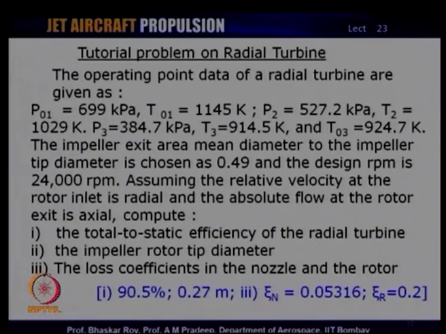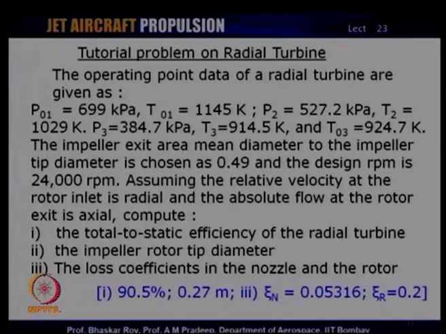The T03 value correspondingly is prescribed as 924.7 K. It is given that the ratio of the impeller exit area mean diameter to the impeller tip diameter is chosen as 0.49, and the design RPM is prescribed as 24,000 RPM.